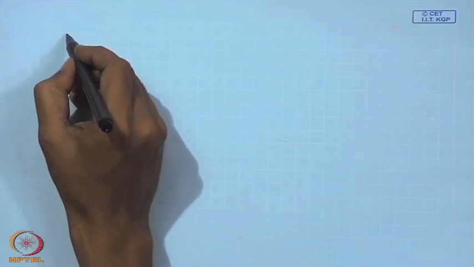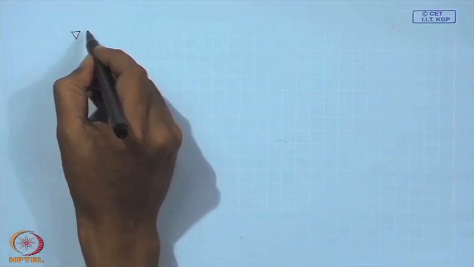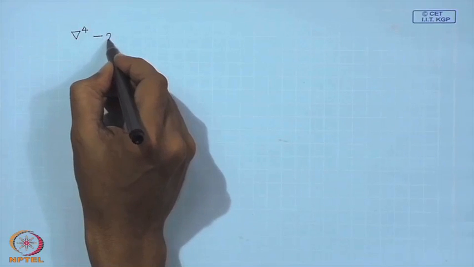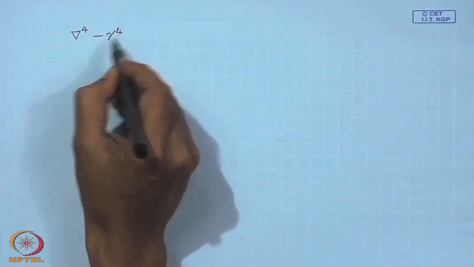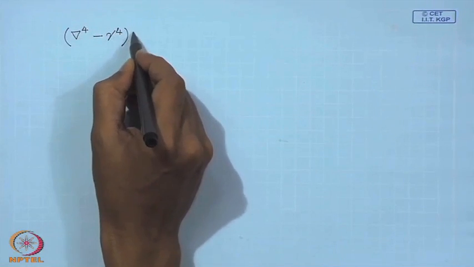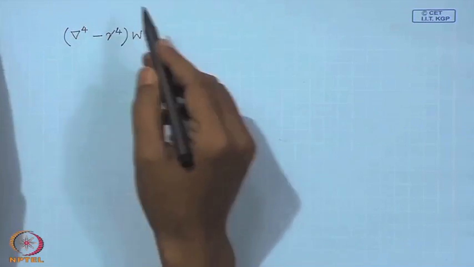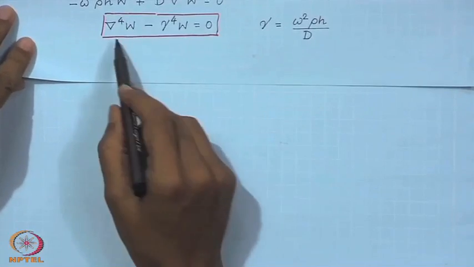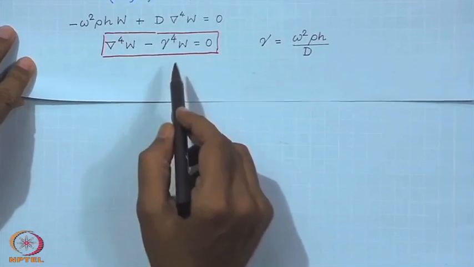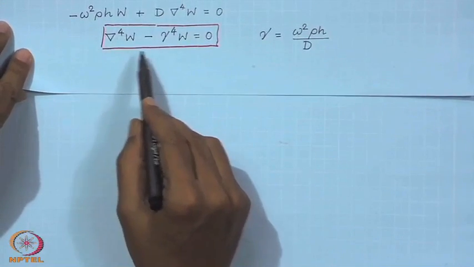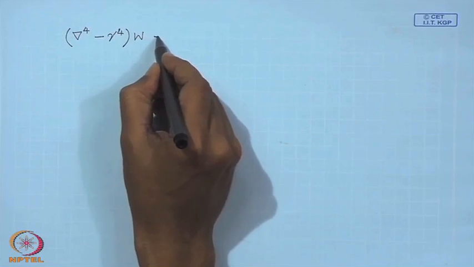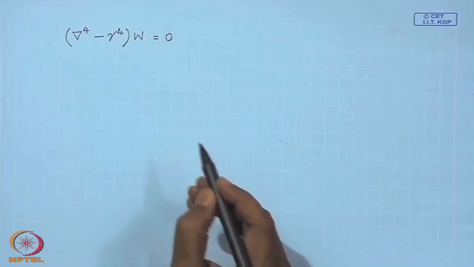So, I can write this operator in the equation of motion as nabla power 4 minus gamma power 4 operating on W, and that is 0.